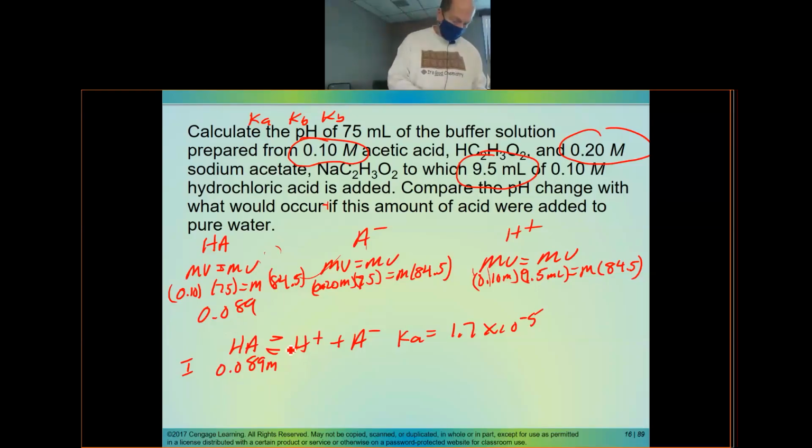A minus is 0.178. I'm going with 3 decimals for all the numbers. All right, H plus, that is 0.011. And I went with the same number of decimals because I know what I'm going to do next.